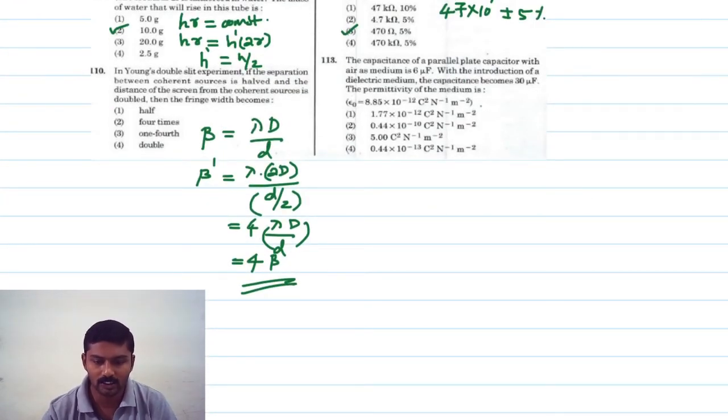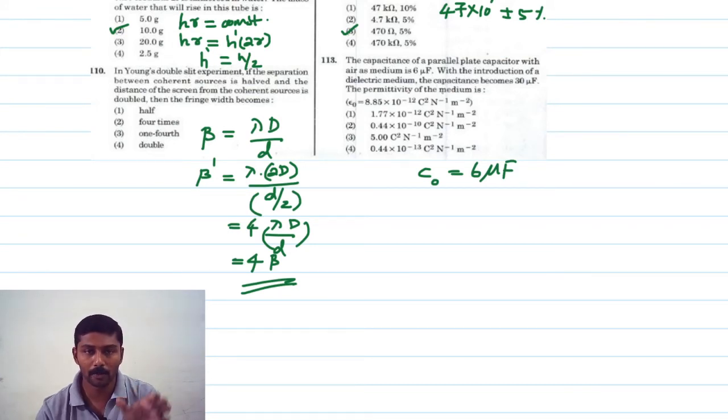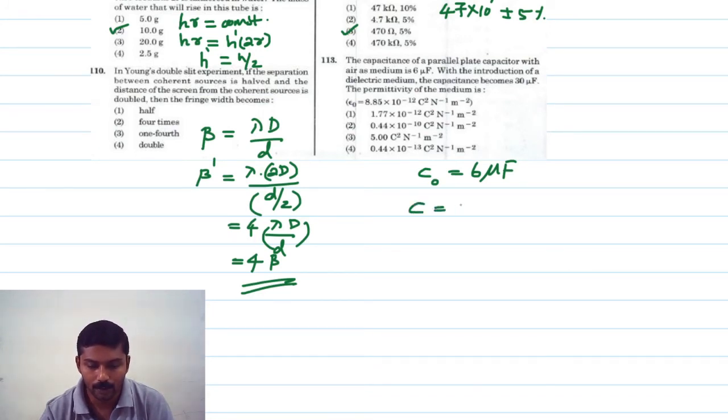113. The capacitance of a parallel plate capacitor with air medium is given as 6 microfarad. If a dielectric medium is introduced inside it, the capacitance becomes 30 microfarad. That means the new capacitance is equal to epsilon times C naught.